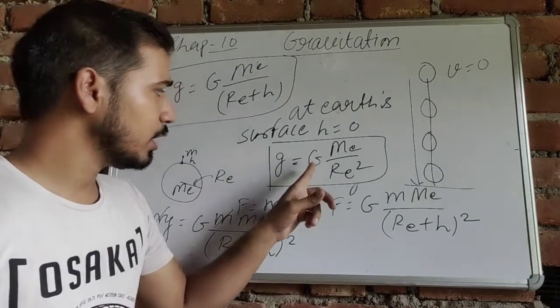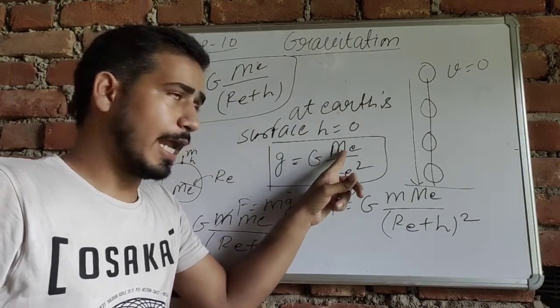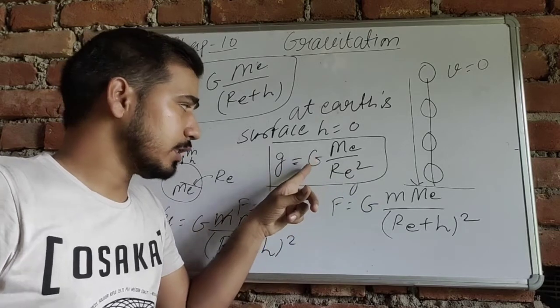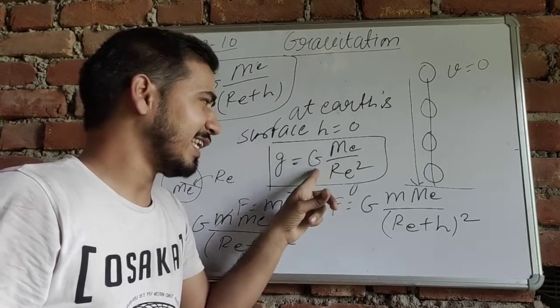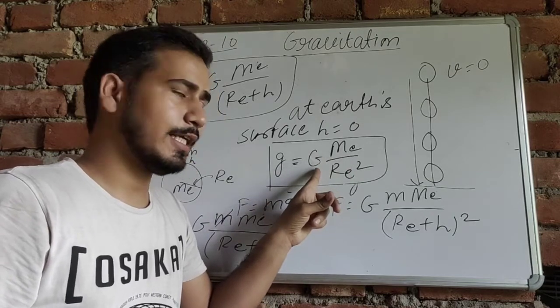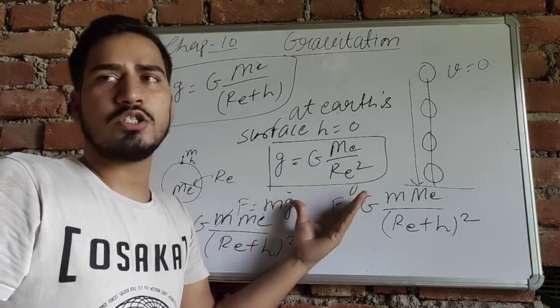Now if you look at the value of g, which is in terms of capital G, Me and Re, on the right side of this equation we have all these quantities. Capital G, Me as well as Re, all these are constants.